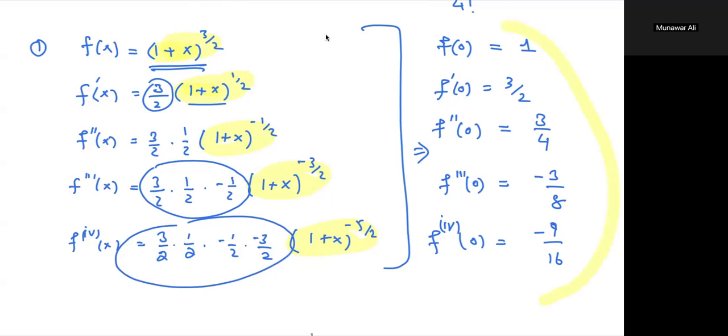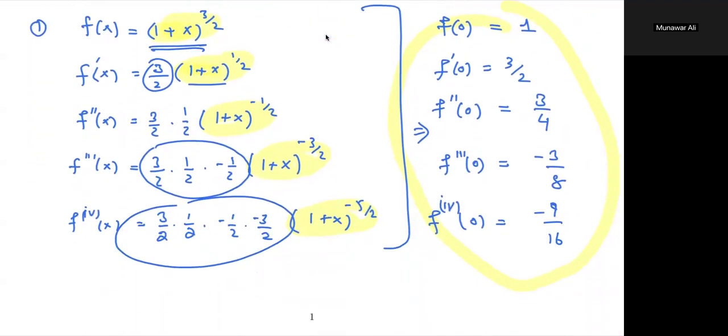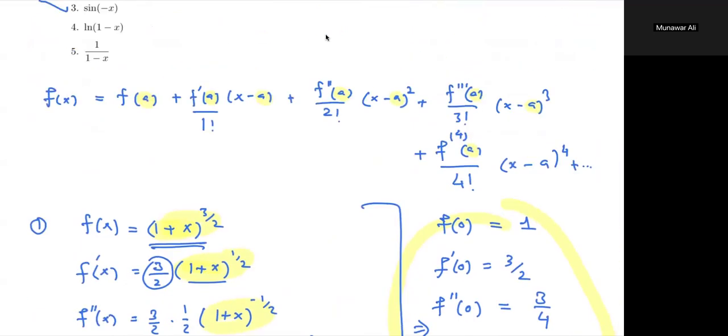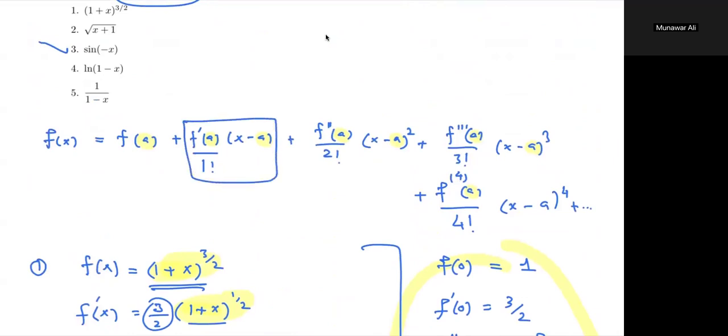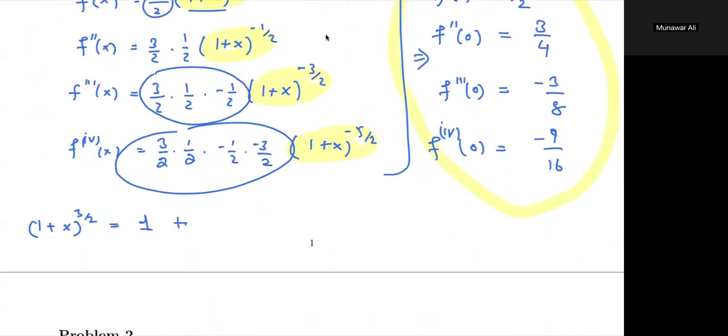Now we take all these and put them in the formula, substituting a equal to 0. So the function 1 plus x to the 3 halves is equal to f of 0, which is 1. Then the second term is f prime at 0, which is 3 halves, times x minus 0, but x minus 0 is x.